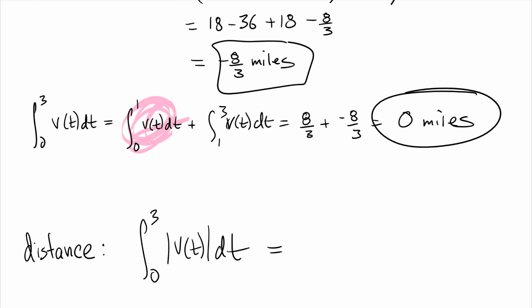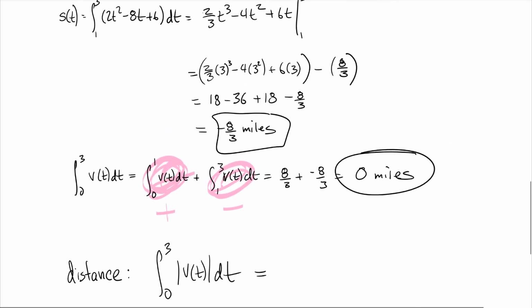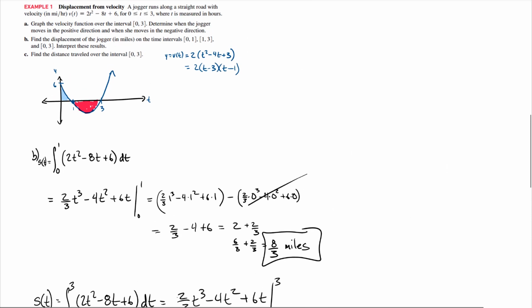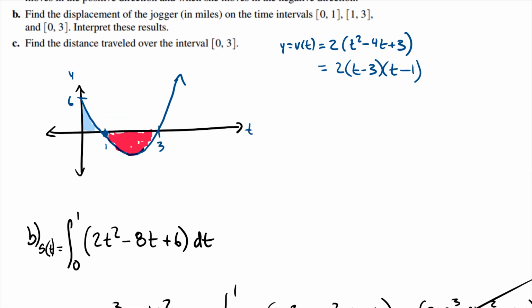From 0 to 1, we knew it was positive. From 1 to 3, we knew this was negative, but we can only have the absolute value. So I've got to jump back up to the top and show you, hey, look at this. Our distance traveled would actually look like this. Boom. And then all of it would be positive.